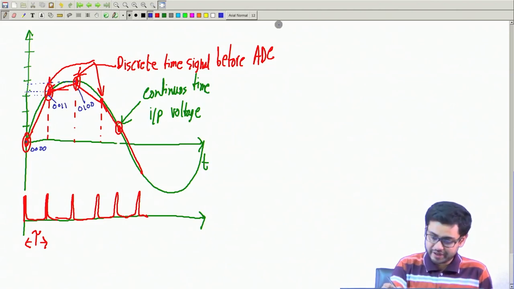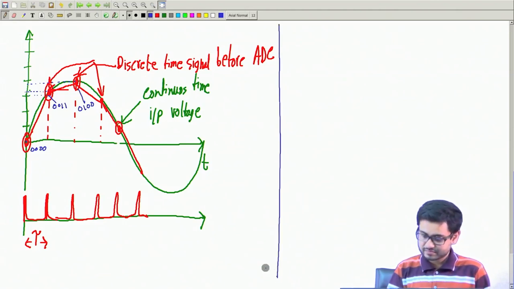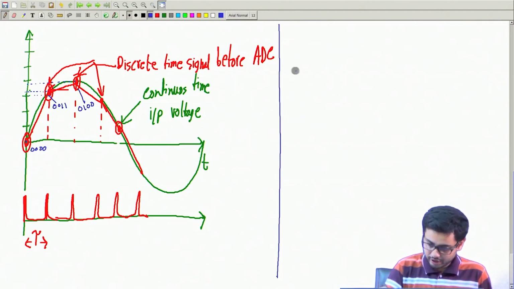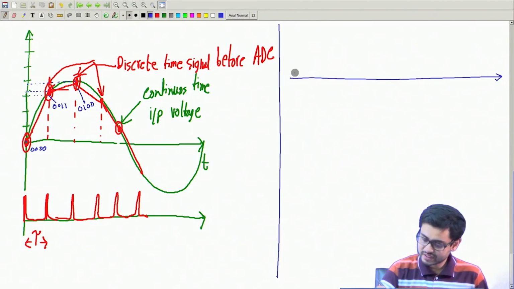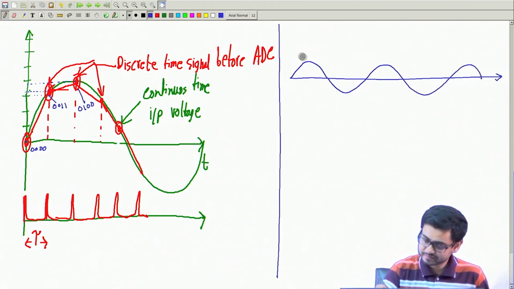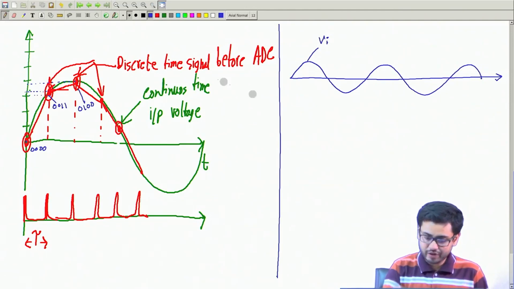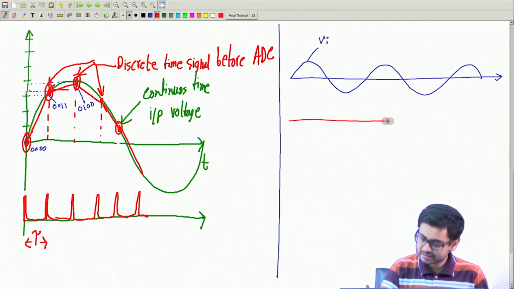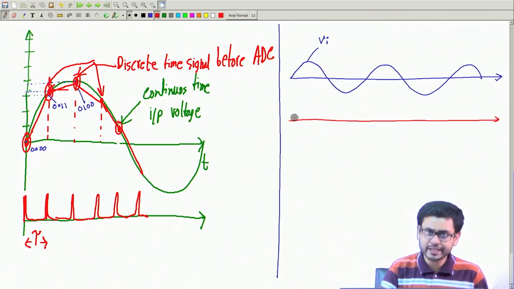Last one fact is this. Suppose I have a signal Vi which is like this, and say I am sampling it at a very low frequency compared to this input signal.